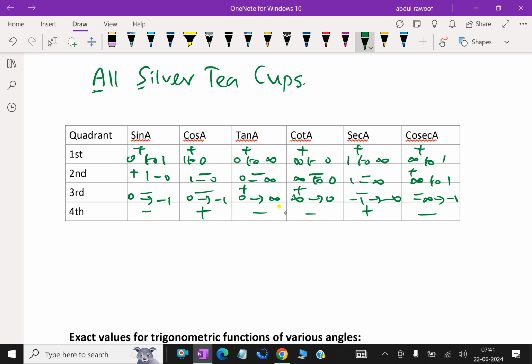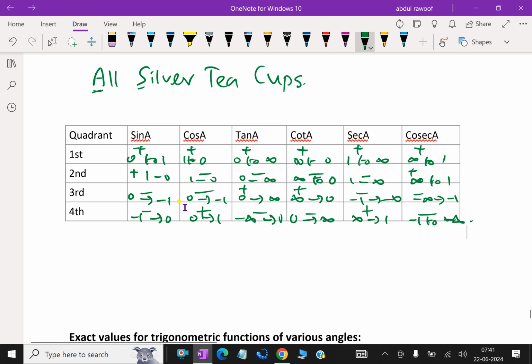Fourth quadrant: minus 1 to 0, 0 to 1, minus infinity to 0, 0 to infinity, infinity to 0, 1 to infinity, infinity to 1, minus 1 to minus infinity. Like this, it is better to remember the sign convention; it is important.